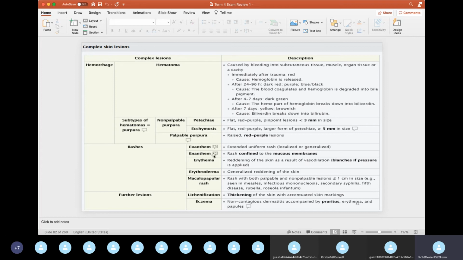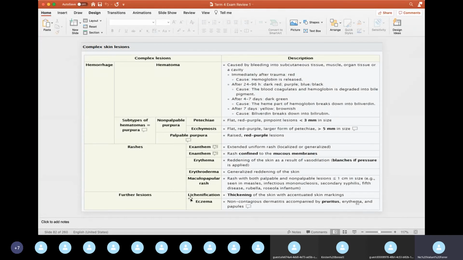Enanthem is confined to your mucous membranes. Erythema is a reddening of the skin resulting from vasodilation. Maculopapular rash. These are non-palpable lesions, usually due to infection. Think syphilis, think roseola infantum, think rubella, blueberry baby, right?